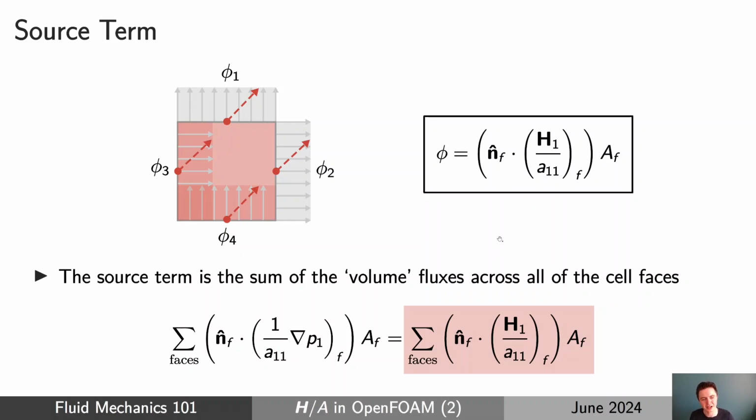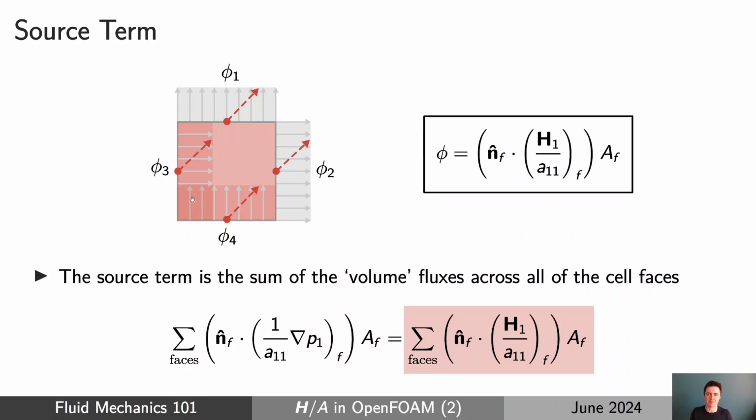But remember that we split that velocity vector u into HbyA and a pressure gradient term. So what we're doing here with the pressure equation is we've kind of split out that continuity equation. If we can find a pressure field that satisfies this equation, then the sum of the volume fluxes from HbyA, which are not equal to 0, will balance the left-hand side from the pressure gradient.